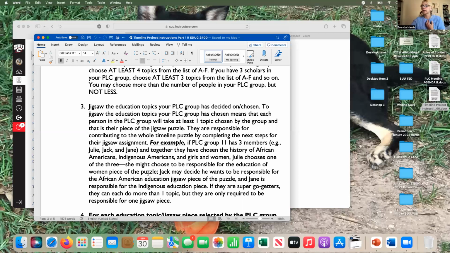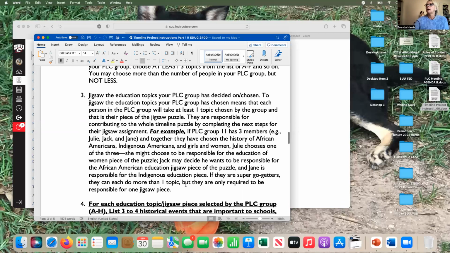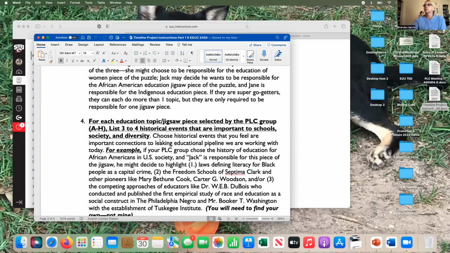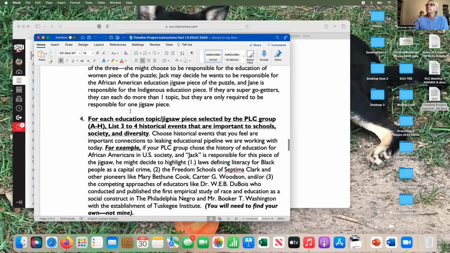Jack says, well, I'm going to take the piece that has African American. And then Jane says, well, I'm going to do the piece about Indigenous education. So they assign those topics to each other.